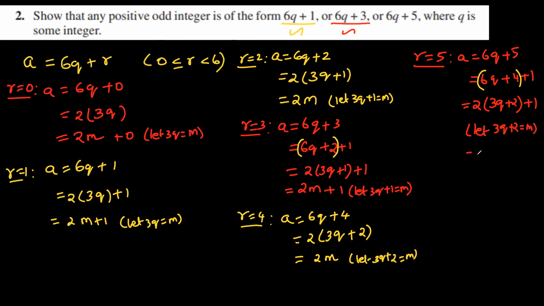The next step, it will be 2m plus 1. That is, when we divide by 2, the remainder will be 1. That means a is equal to 6q plus 5 is an odd integer. That also we have proved. So therefore, the odd integers are of the form 6q plus 1, 6q plus 3, and 6q plus 5.